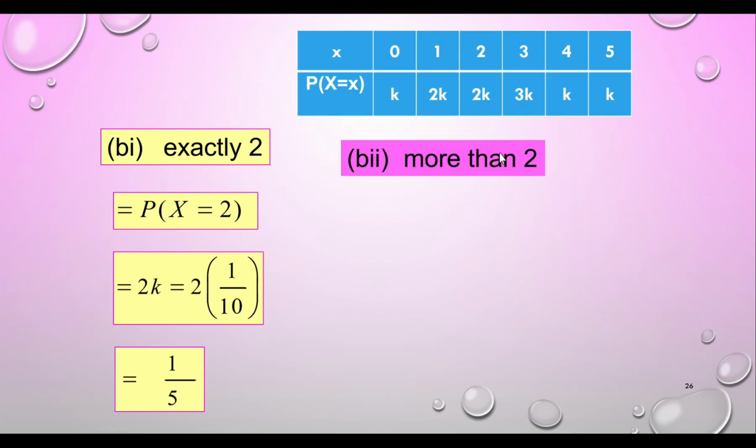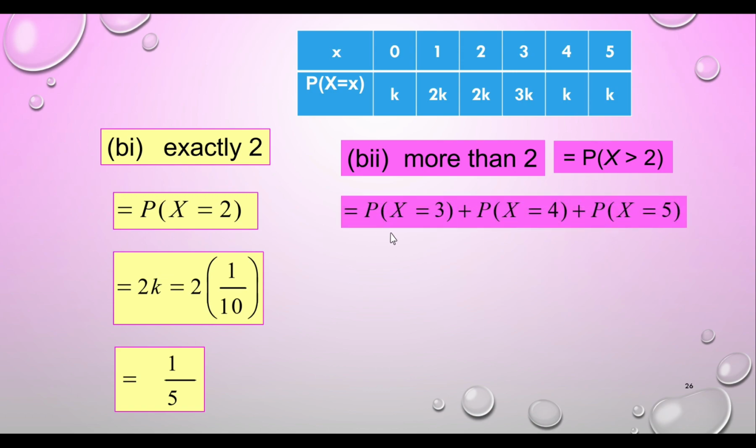B2, more than 2. How do you write more than 2? Okay, this is the sign for more than. More than 2 means 2 is not included. So, the probability of x more than 2 is the sum of the probability of x equal 3, x equal 4 and x equal 5.